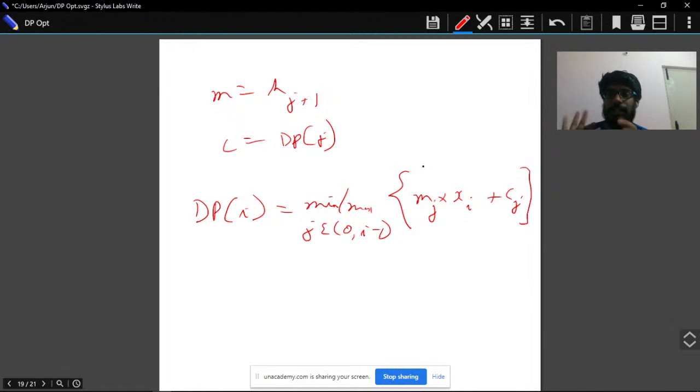You just need this particular DP equation model format to work out. And it will be nice if these mj's are monotonic. It will be nice if the xi's are monotonic, but it doesn't have to be. You can work with general mj and general xi as well. It's just a bit more pain.